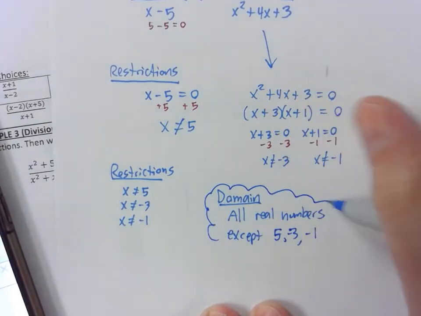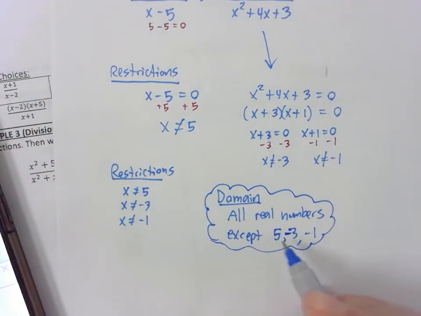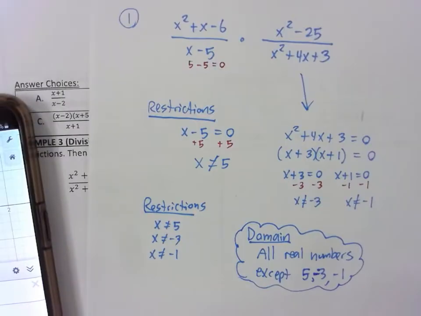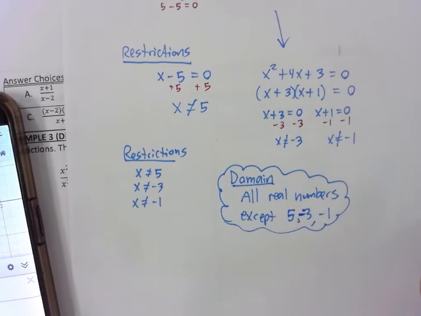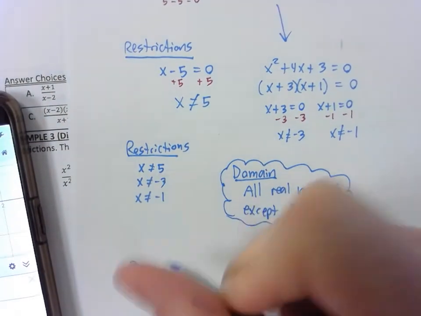Your restrictions give you a domain. I don't really think the order matters so much, but usually you would say -3 first, then -1, and +5. Those are your domain restrictions. So now let's go back into the second part of the problem, where we wanted to simplify.